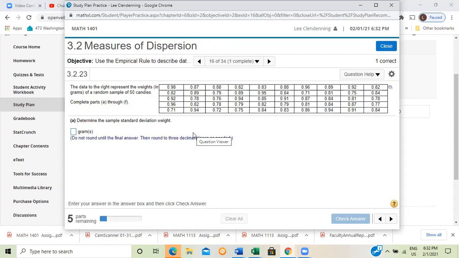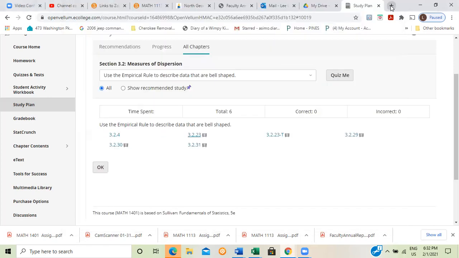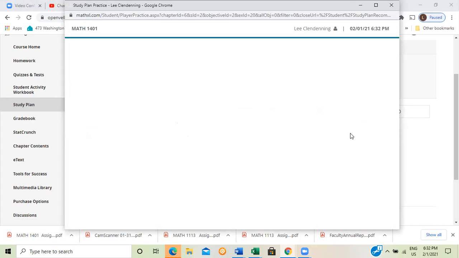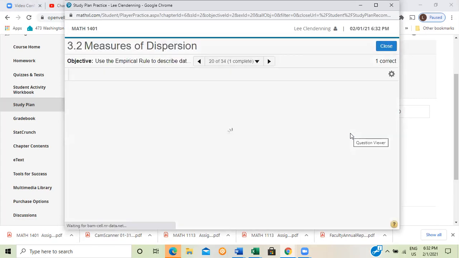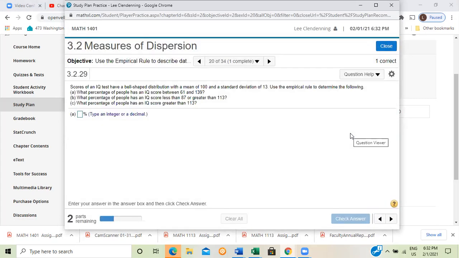Okay, that is actually a little long for y'all, so I jumped to 3.2.29. Let's see if that was a little more reasonable. This one's pretty long. Oh, you can't see the camera. Okay, let's try 3.2.29. Here we are. Here's one with a little bit of math in it, but it's much more reasonable.